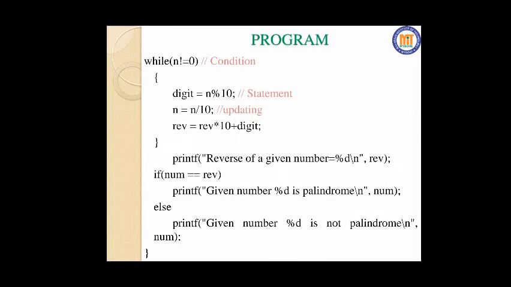Then put the condition while n not equal to 0, execute the following statements: digit equal to n mod 10, n equal to n by 10, and reverse equal to reverse into 10 plus digit. Next print that reverse number. If the condition is true, the given number %d is a palindrome, or else it's not a palindrome.